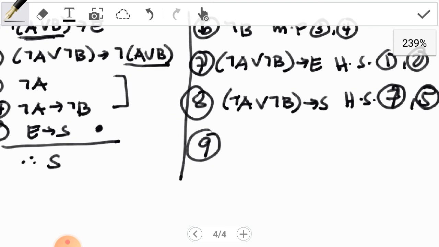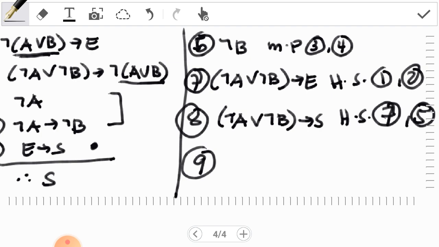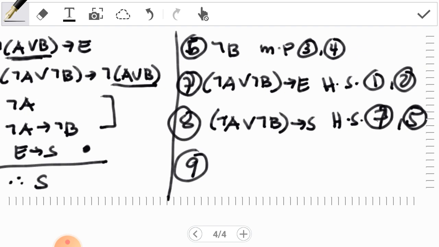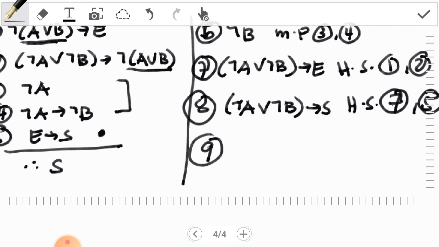Okay, next. What else can we do here? After obtaining that new premise, what else can we do here? So in the resulting premise, we find S, which is the conclusion that we desire.